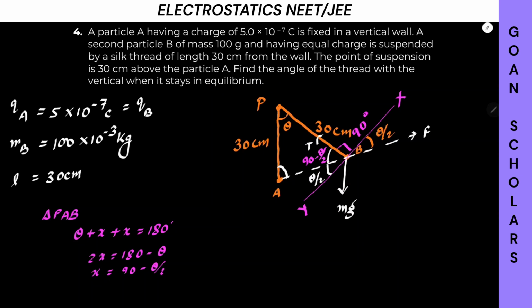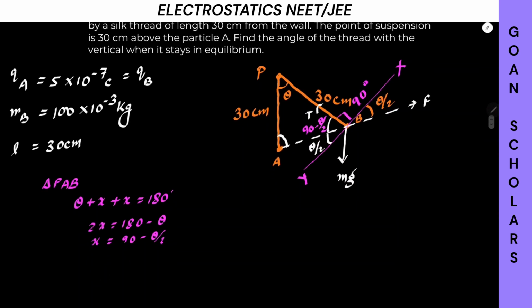So first of all, let's take our components here. What's the component of this force along this x-axis, bx? Let me remind you once again, the component of force F along bx will be F cos theta by 2.